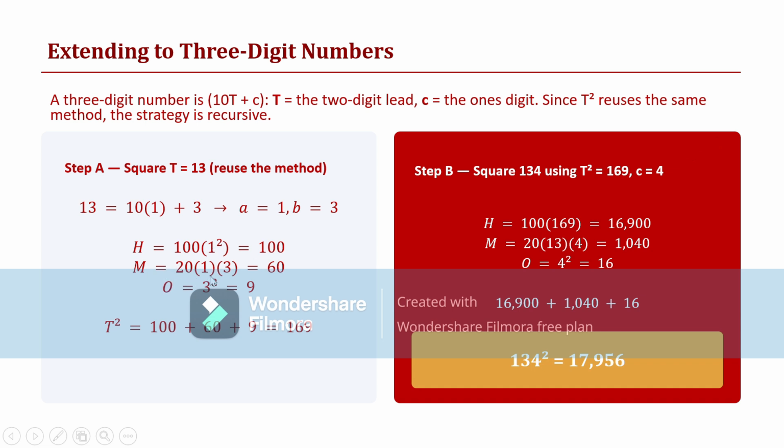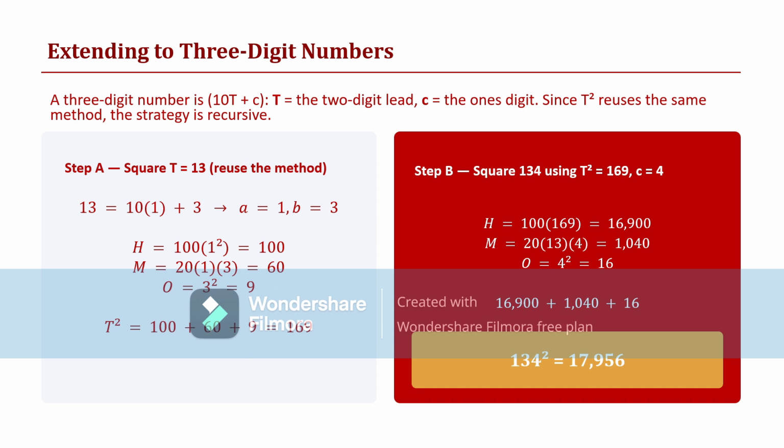The middle part is 20 times 1 times 3, which gives us 60. And the ones part is 3 squared, so 9. Adding 100 plus 60 plus 9 gives us 169. So the square of 13 is 169.